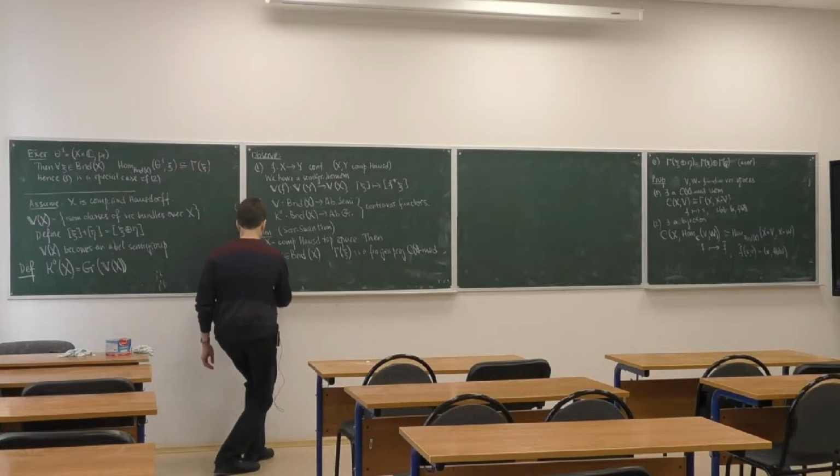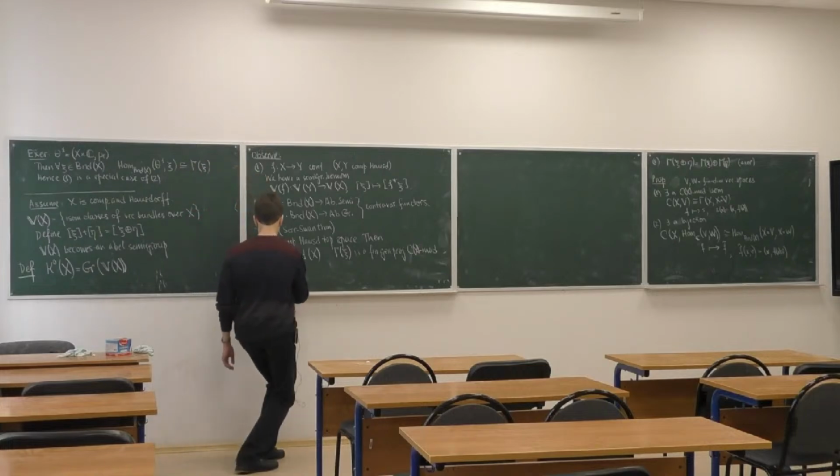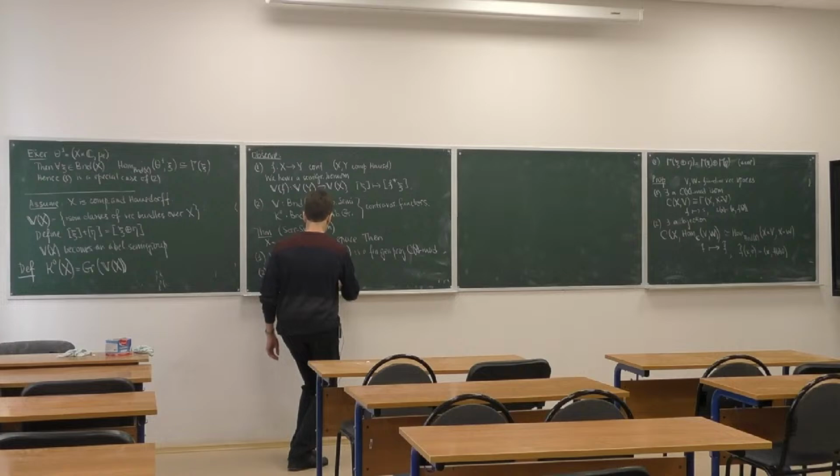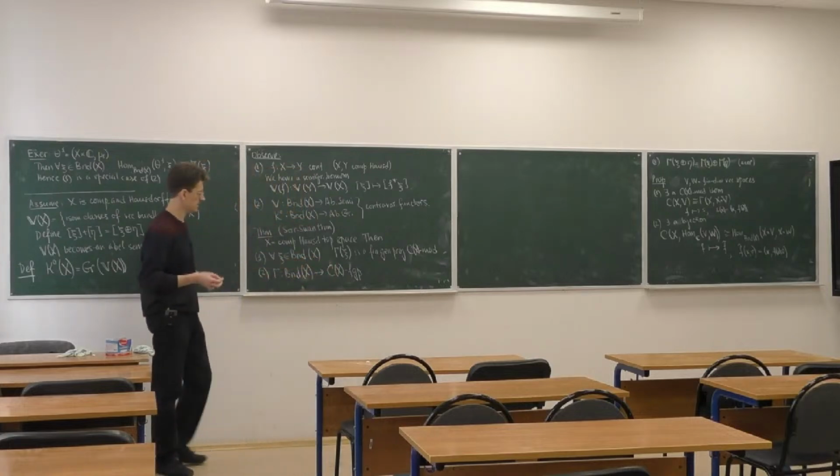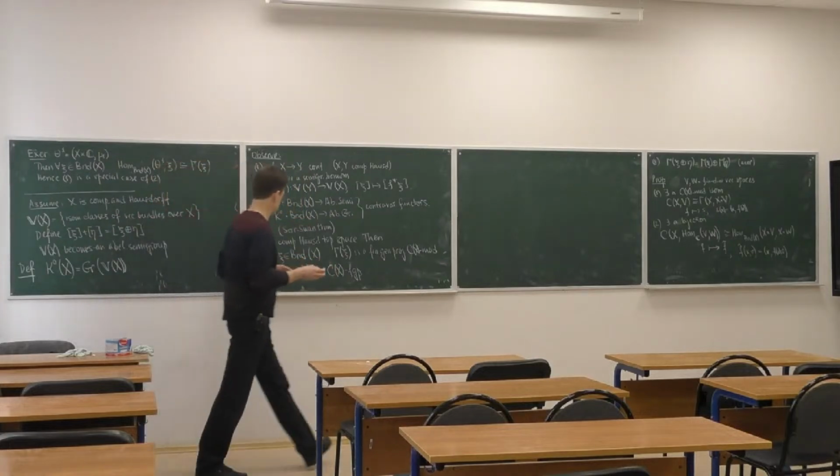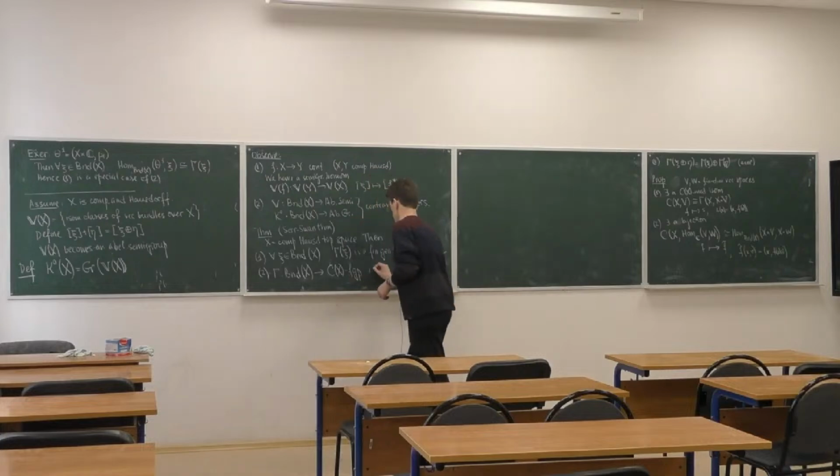And second, the resulting functor gamma, which acts from the category of vector bundles over X to the category of finitely generated projective C of X modules, a category that was denoted by FGP at the previous lecture, is an equivalence of categories.